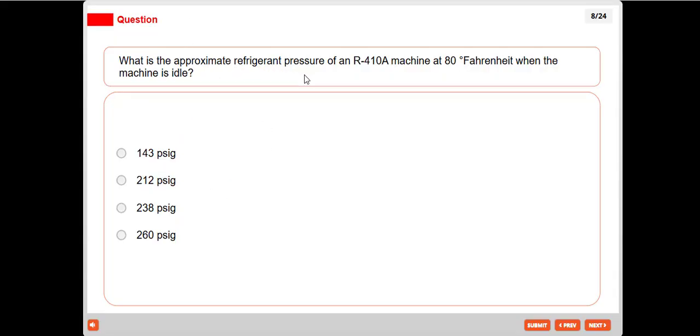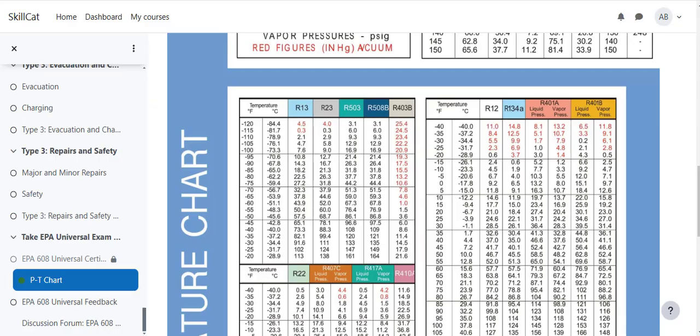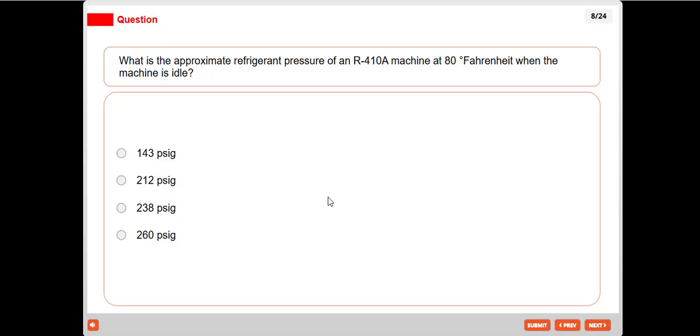So when the machine is idle, he's asking when the machine is idle. So it will be 143. Am I correct? 212?